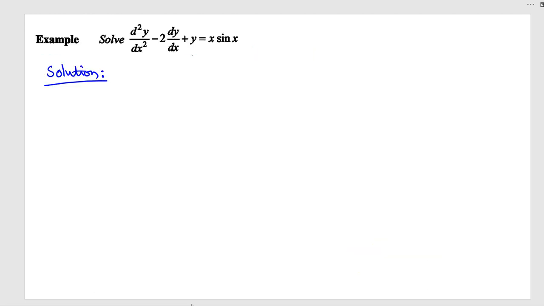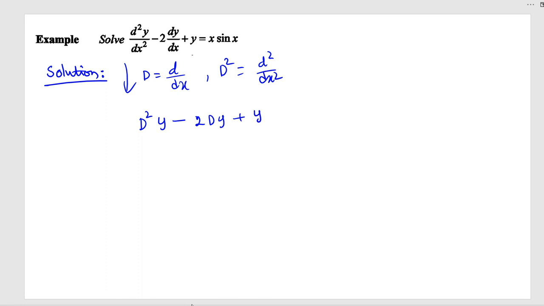which will make the derivative easier. So if you try to find the solution for this problem, note that D equals d/dx and D squared equals d2/dx2, and the given equation becomes d2y/dx2 plus 2 dy/dx plus y equals x into sin x.